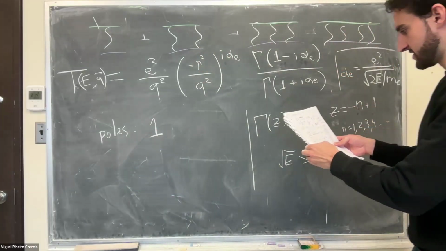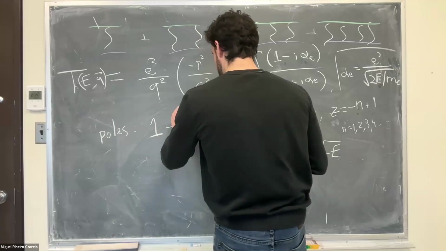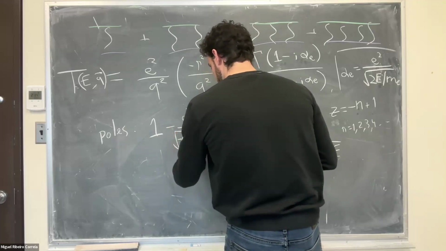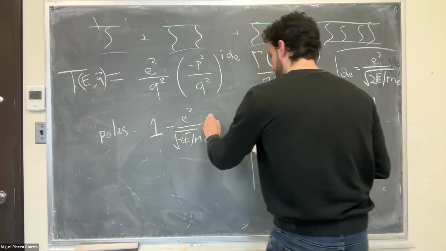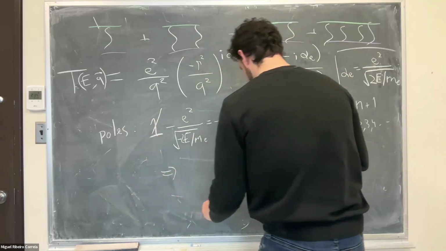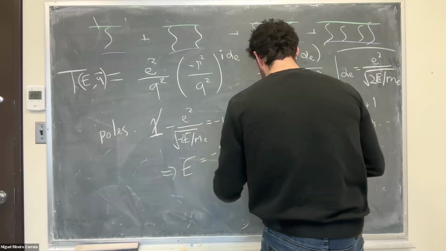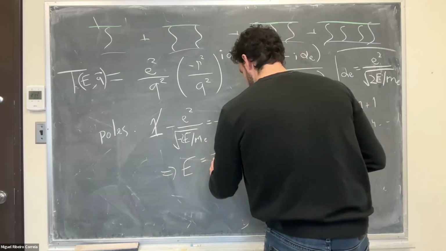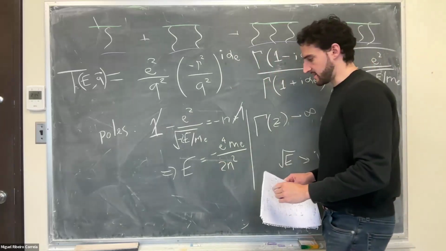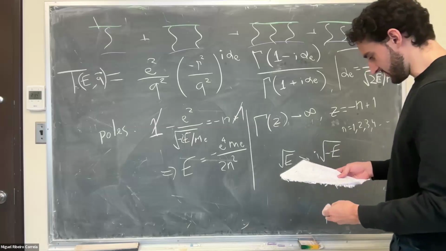I'm sure most of you have heard this story, but for those that haven't: when I replace, I get e squared over square root of minus E over m equal to minus n plus 1. This cancels, and when you solve, you find a formula for the energy. At these values of the energy, you find poles. This is precisely the energy levels of the hydrogen atom, so you should recognize this formula.